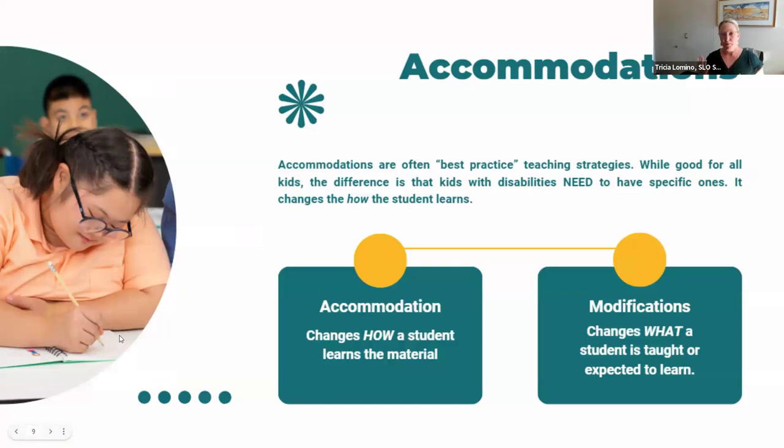Now, through the IEP process or even with a 504, we can then identify specific accommodations for that particular child. So we're saying they actually need to have this in order to access their education. Sometimes it might start as a universal support and the teacher's trying some things out, like the graph paper, right? Maybe the graph paper would help them with doing their math assignment, or a graphic organizer. And then after using that, we've identified, man, they actually really need this.